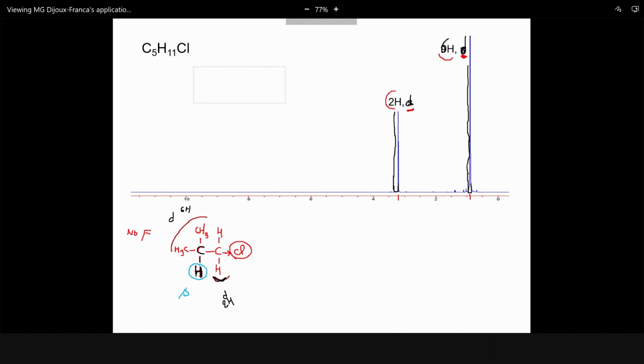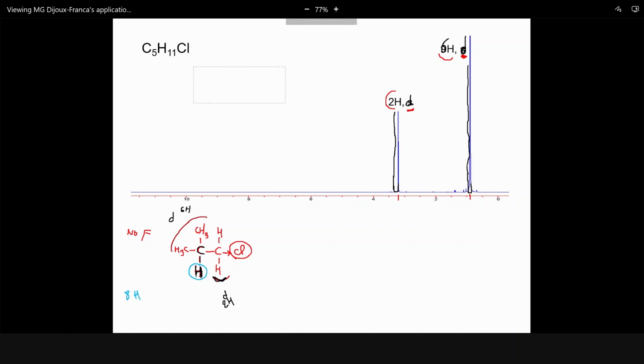And how many protons on all these carbons? There are a total of 8 protons. Yes, 6 plus 2. That's 8 protons in the neighborhood.